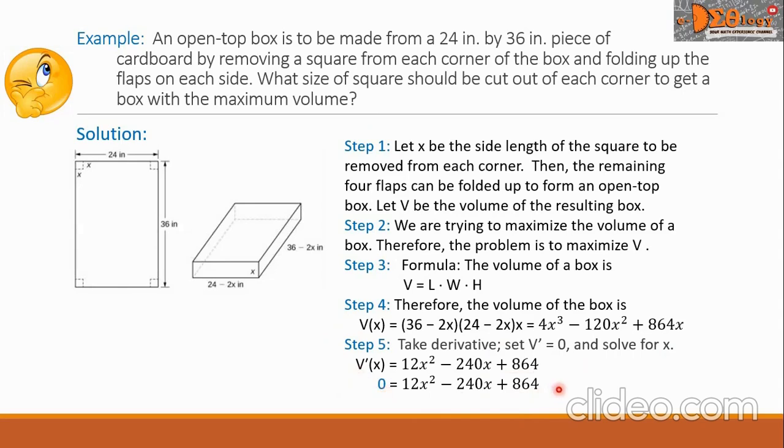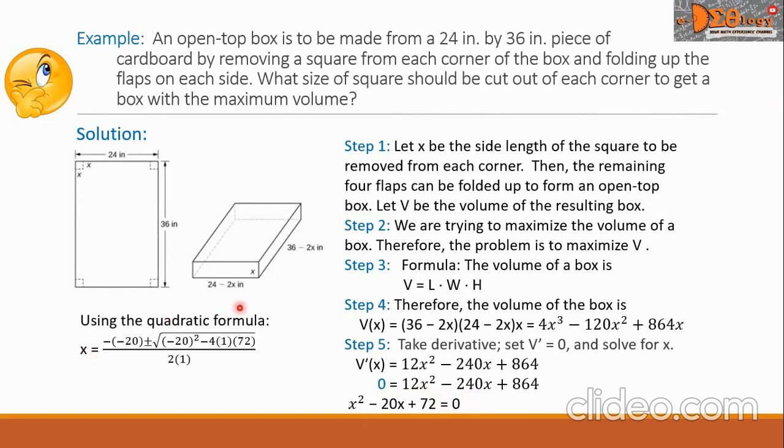Let us now solve for x. First, let us simplify this equation by dividing by 12. So we will have the simplified one to be x squared minus 20x plus 72 equals 0. Let us use the quadratic formula.